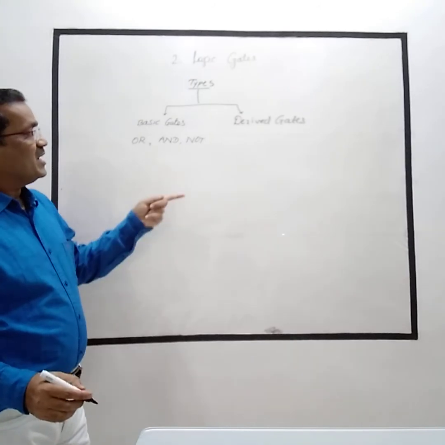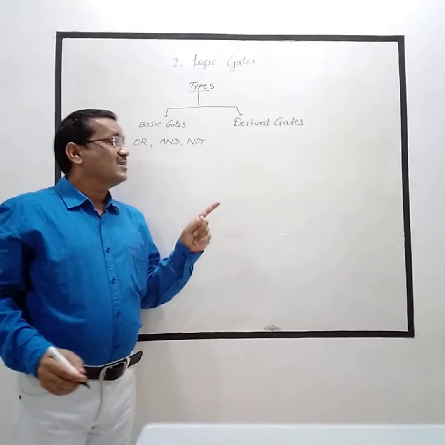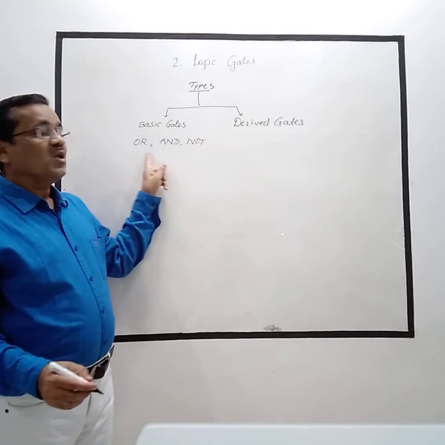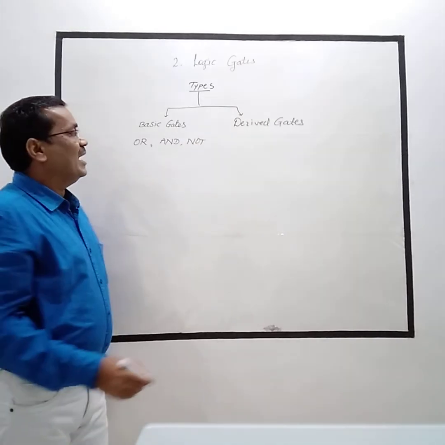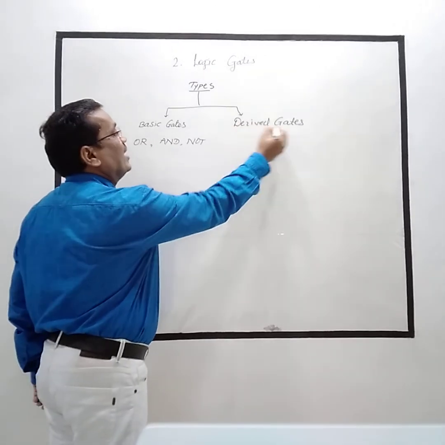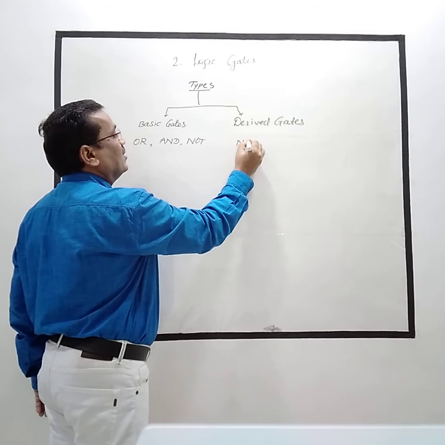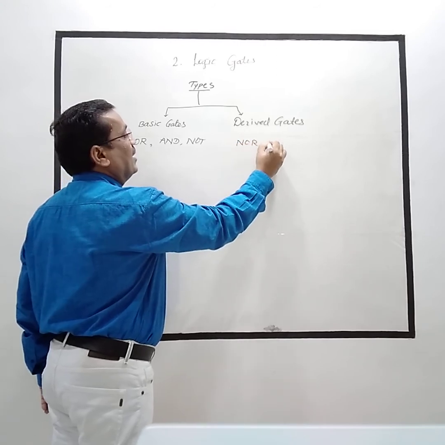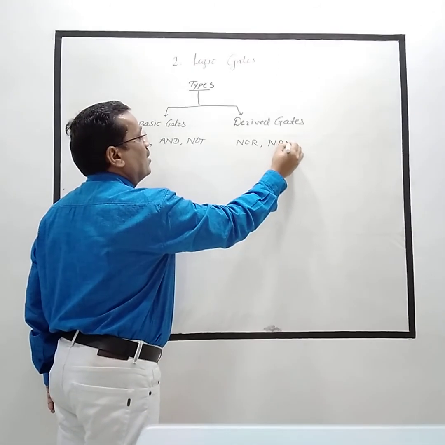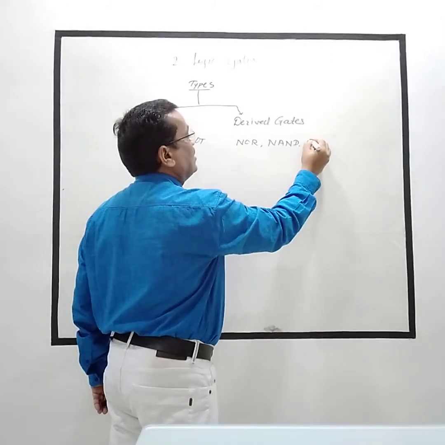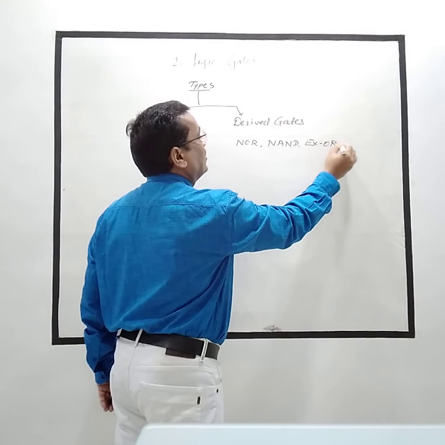And what are the derived gates? The derived gates are the gates which can be constructed by using the basic gates, and they are called derived gates. Namely NOR gate, NAND gate, XOR gate, XNOR gate.